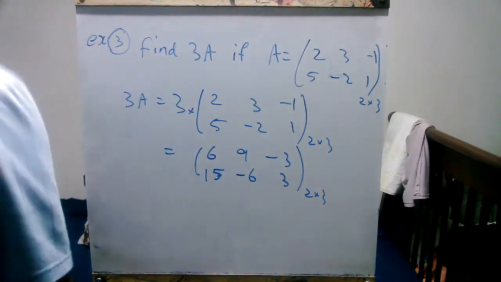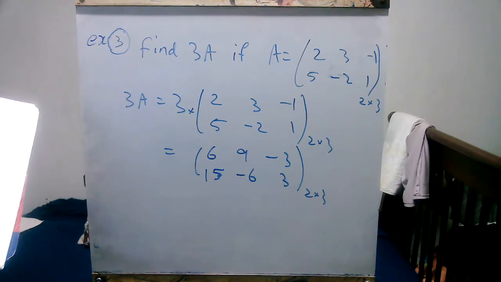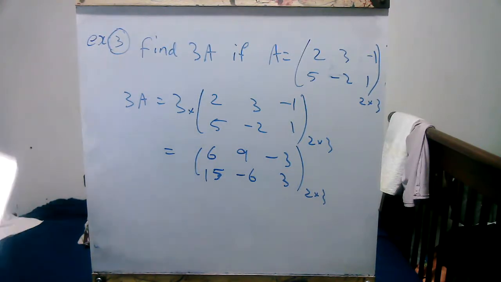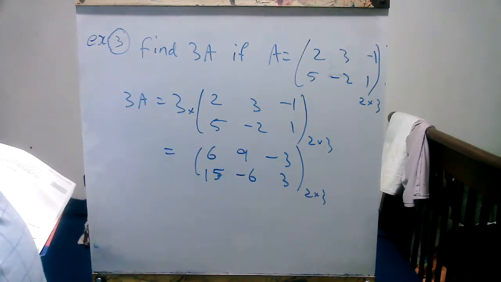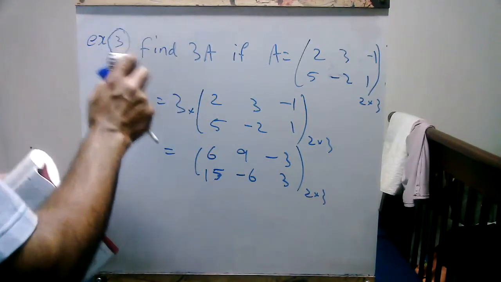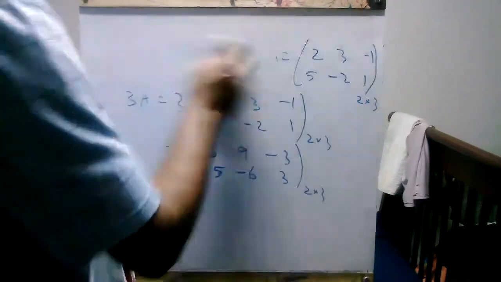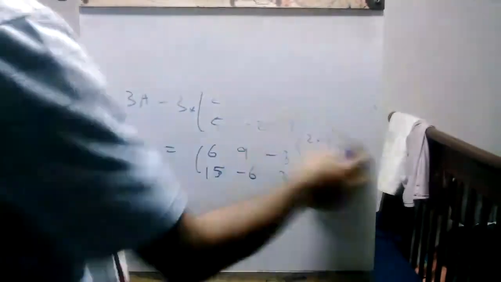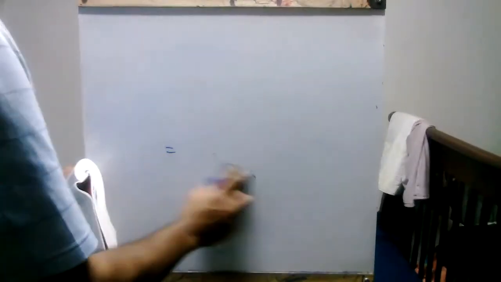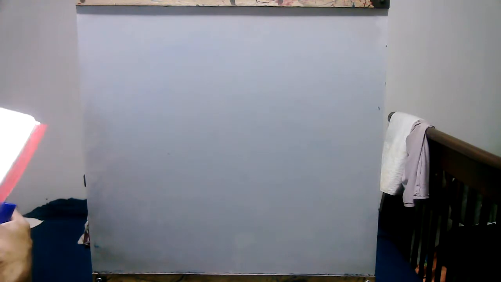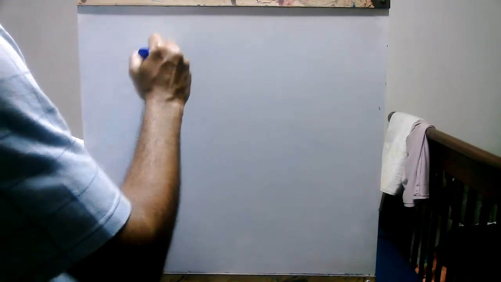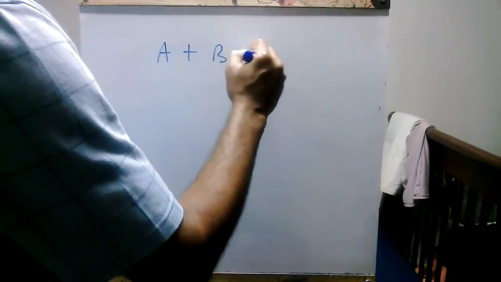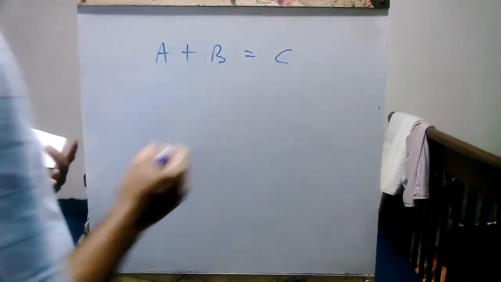Now with this we see it is just like adding or multiplying regular numbers, right? Which means I'm gonna erase this, something like this: a plus b equal to c.